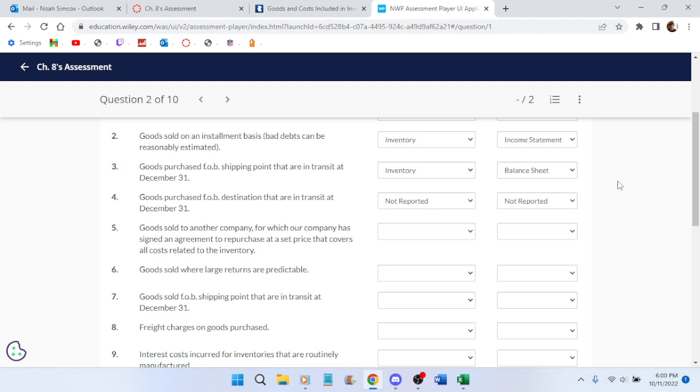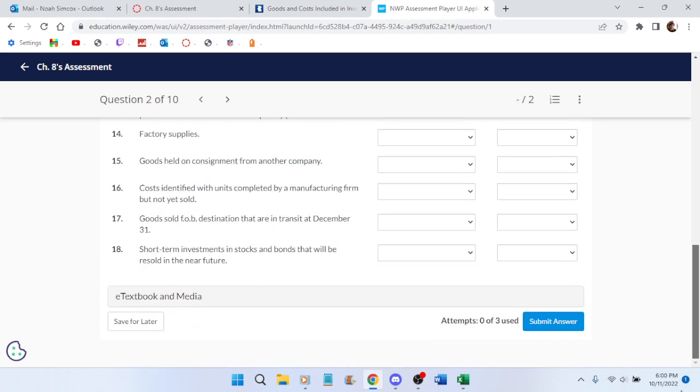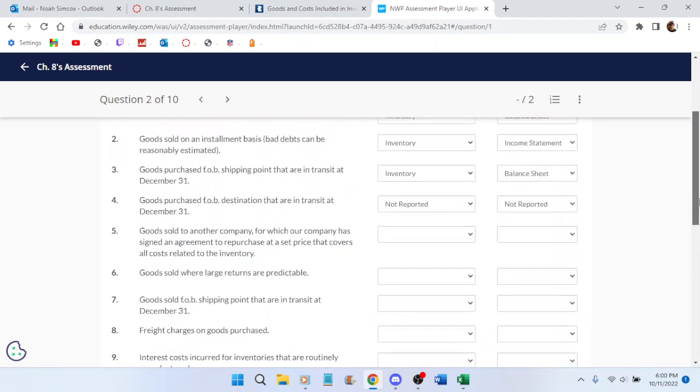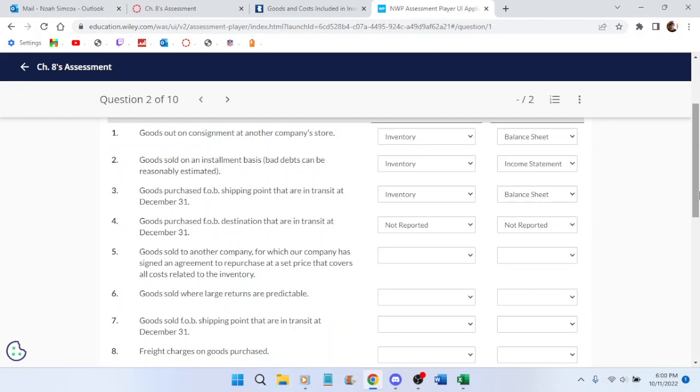Goods sold to another company for which their company has signed an agreement to repurchase at a set price. I forgot what they said about that one. I might just guess on a lot of these because I have 3 attempts anyways. And then I'll specifically look up the ones I got wrong.